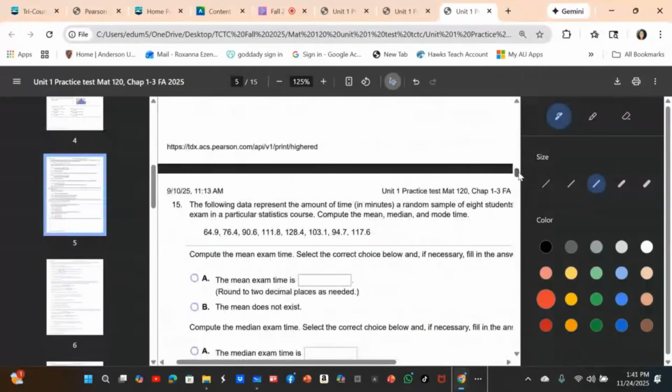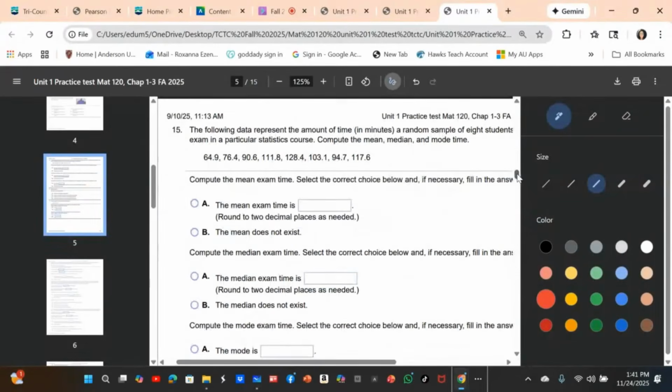All right, so the following data, remember we are studying the Unit 1 practice test, but you can see how Unit 1, which is descriptive statistics, actually points towards inferential statistics.